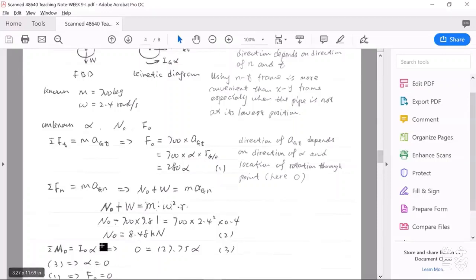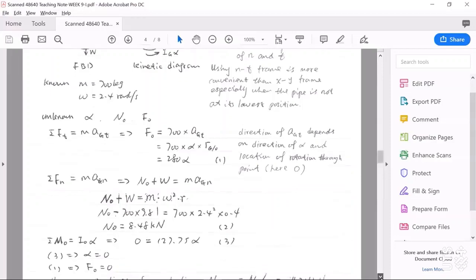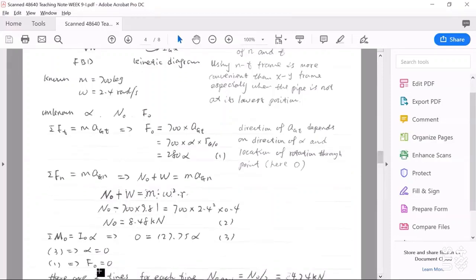On the right side is equal to IO alpha. Now from this equation 3, you can see alpha must be 0. Then substitute this alpha into equation 1. We will find FO, the friction force at point O, must be 0.